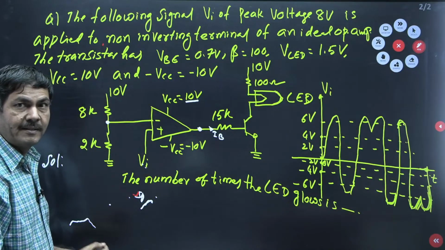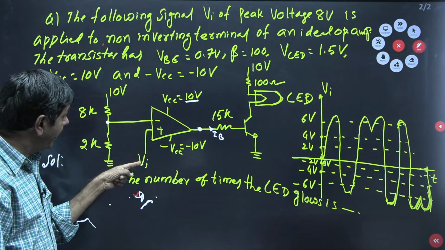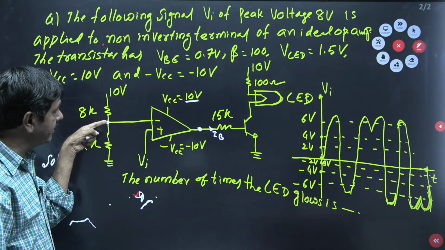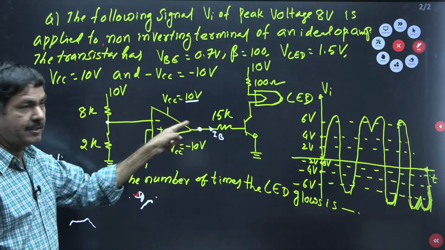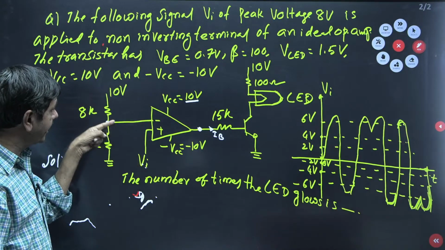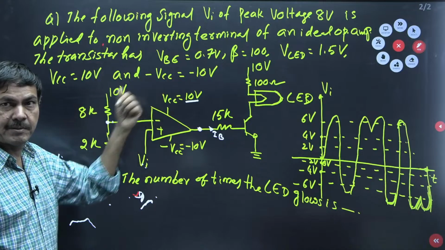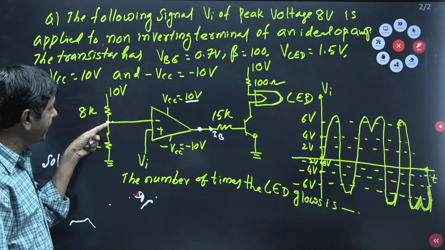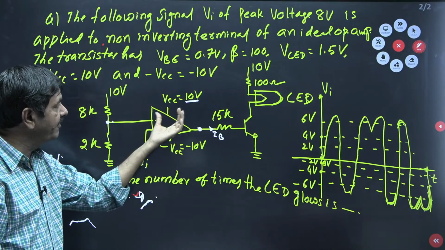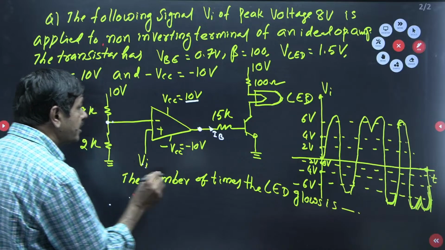It acts as a comparator. If V plus is greater than V minus, V naught must be plus VCC, already explained. If Vi is less than V minus, the output will be minus 10 volts.